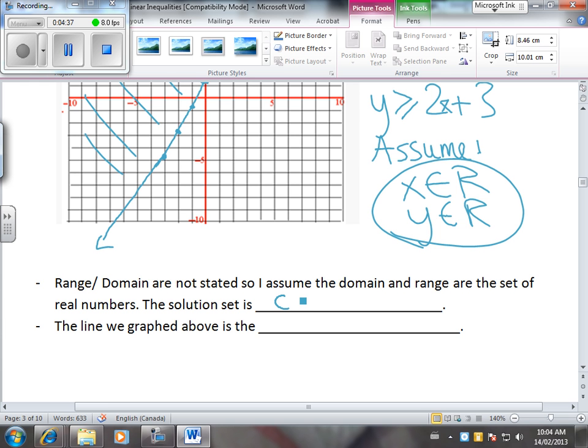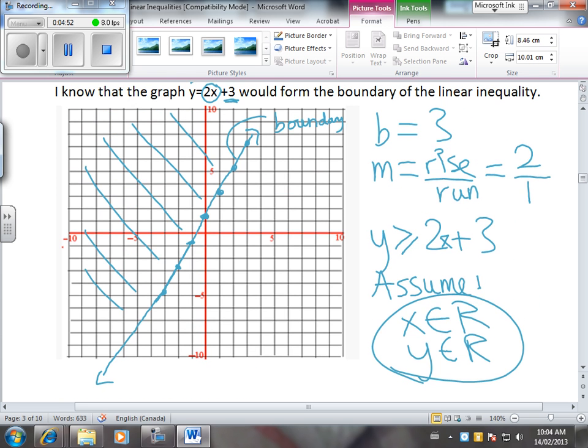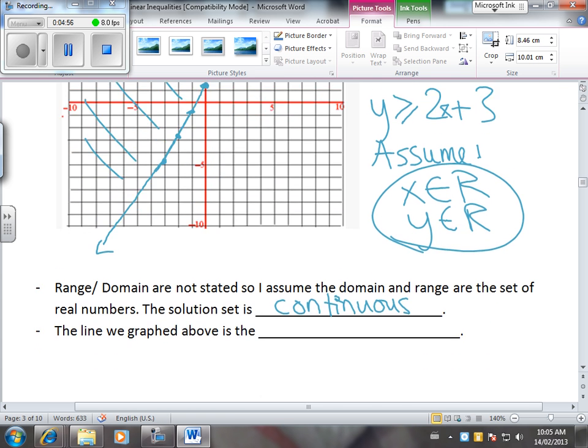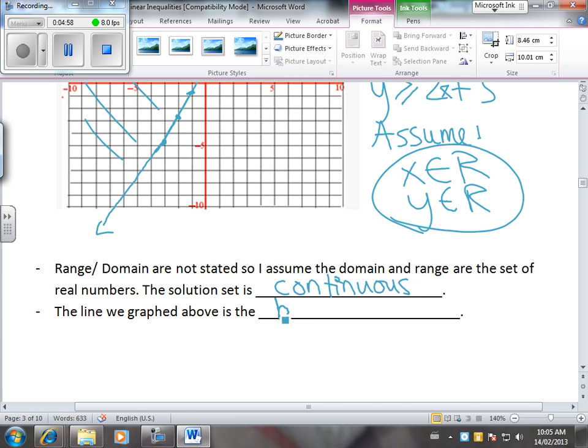Hopefully everyone said continuous. Okay, and then the line we graphed above, so this line that we put in, do you remember what we called that? And I wrote it on here. We called it the boundary. Okay, so this is called the boundary.